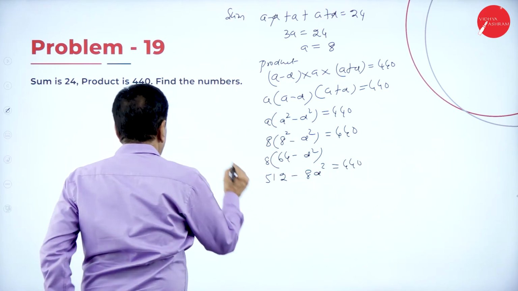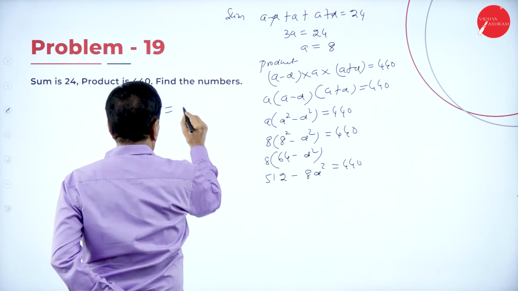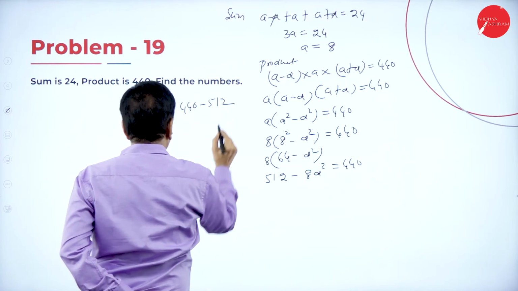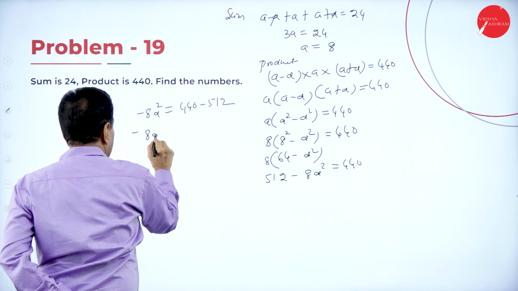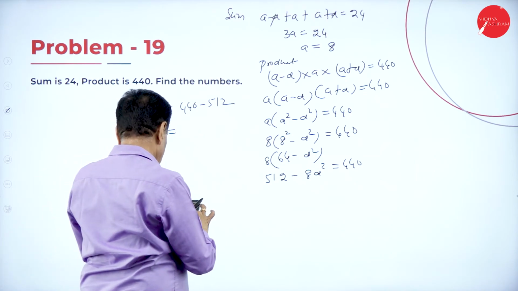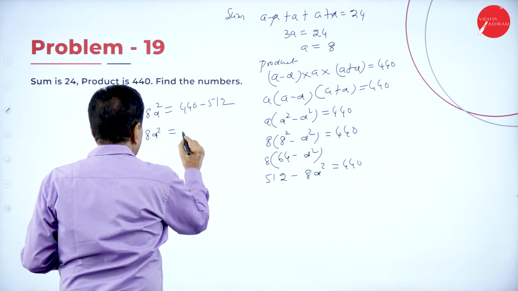So minus 8D square is 440 minus 512, which is minus 72.